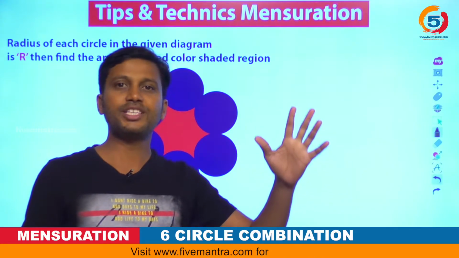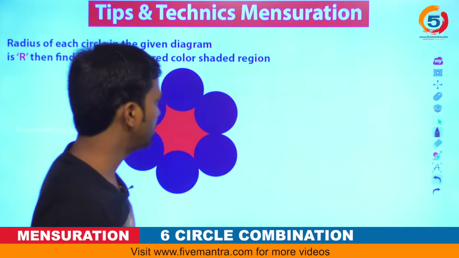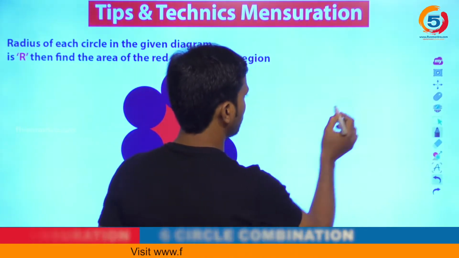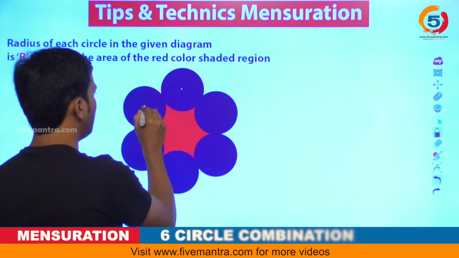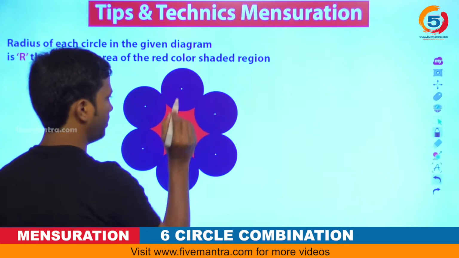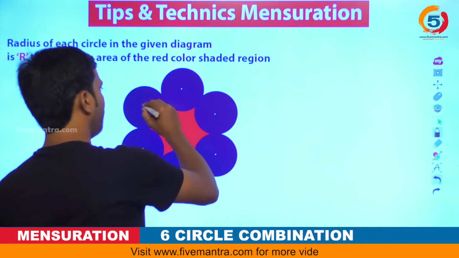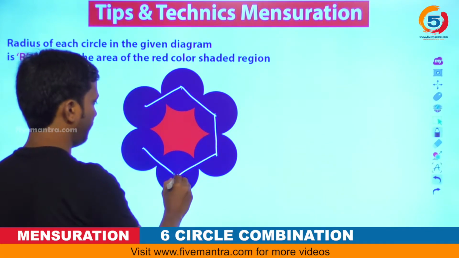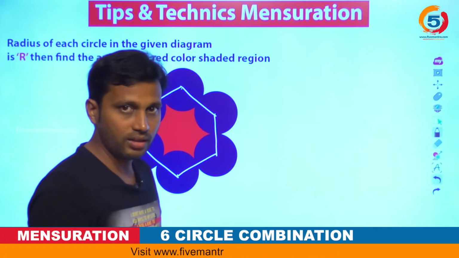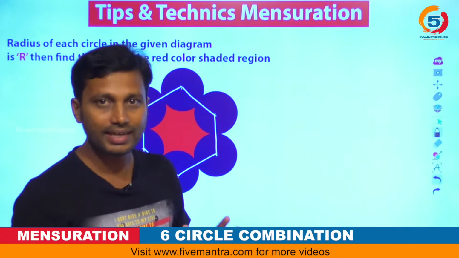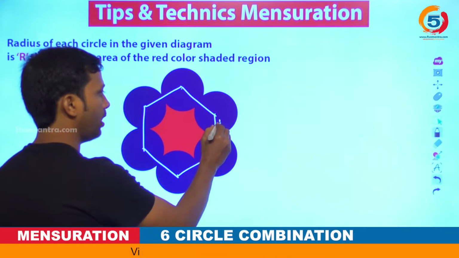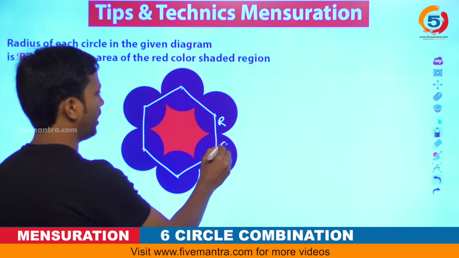Let us see what figure is formed inside. Let these all be the centers of the circles. Joining them all. And it is said that all the circles have equal radius. That means all are capital R only.